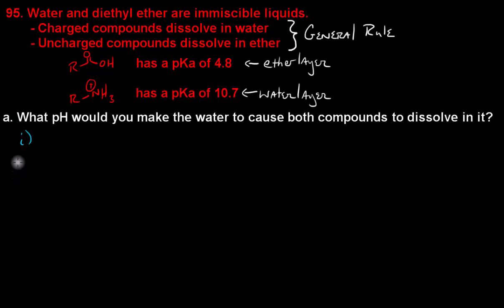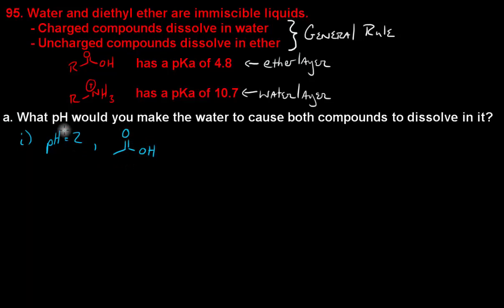One, if we have a pH that's less than 4.8, and we'll just work our way up. What if the pH was 2? We've already said this is not what we want, but let's go through the scenario and see what we get. A pH of 2 is less than the pKa of the carboxylic acid, so it's going to remain in its protonated form.